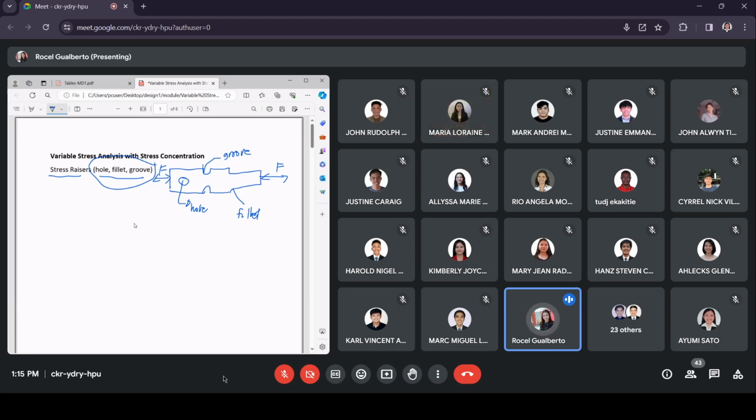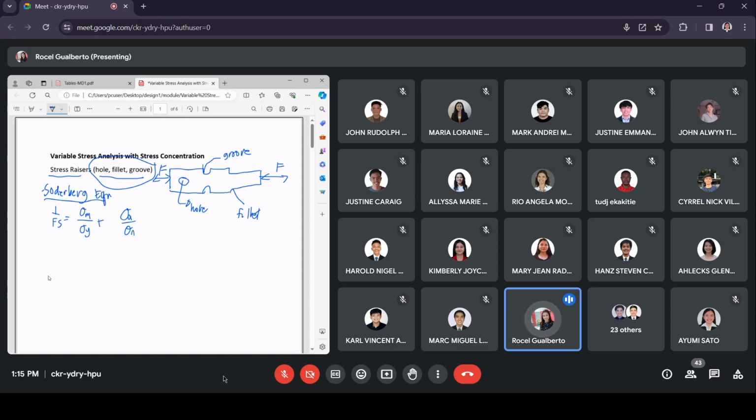How do we design a member under variable stress and at the same time with stress raiser? The same thing, we will be using the Soderberg and the Goodman equation. Still the Soderberg, since it's a variable stress. For the Soderberg equation, you have 1 over Fs equal to sigma m over sigma y plus sigma a over sigma n.